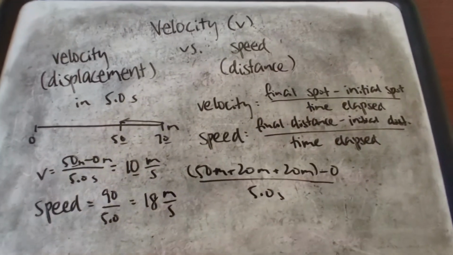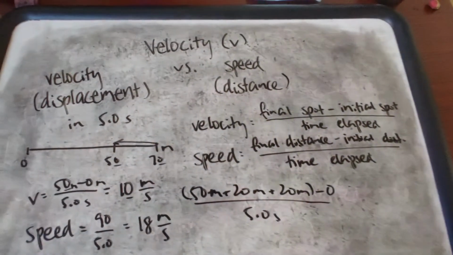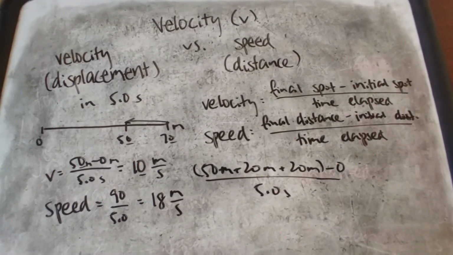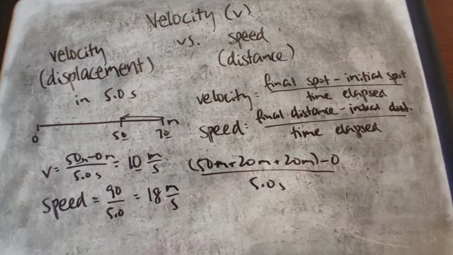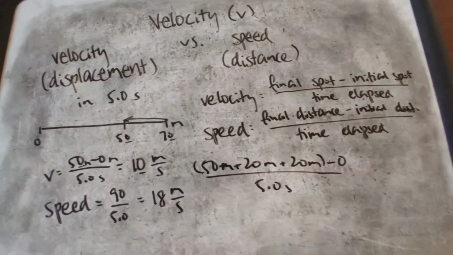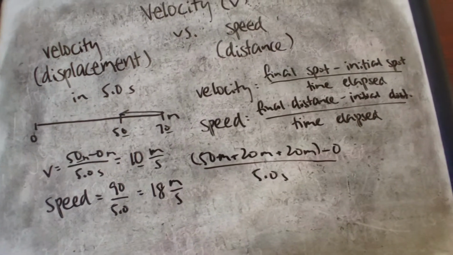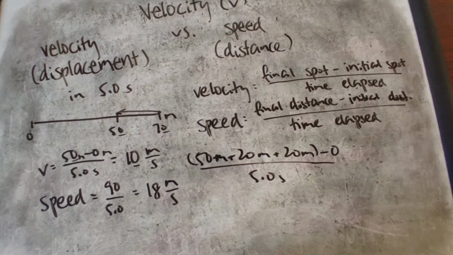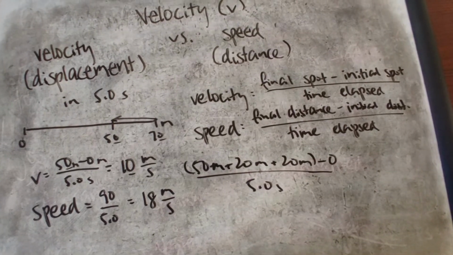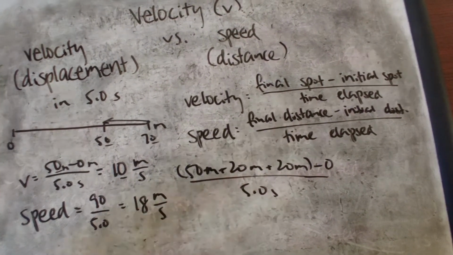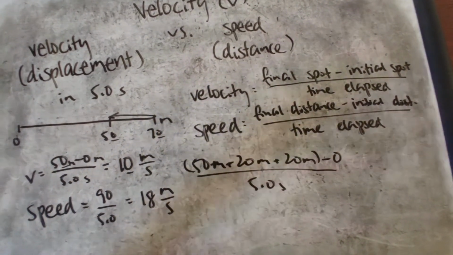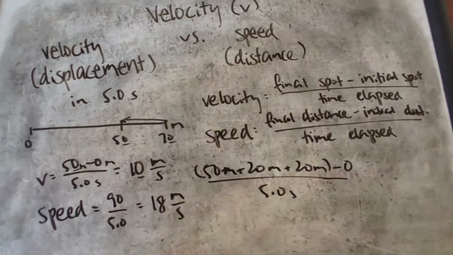So, I want to make a clear distinction between velocity and speed. Velocity measures how fast something goes in terms of displacement, and speed measures how fast something goes in terms of distance. So velocity is judged off of its final and initial spot difference, while speed measures the entire process of the object traveling.